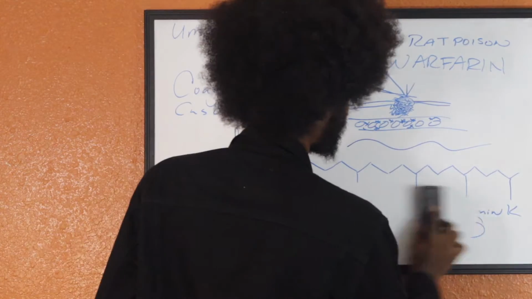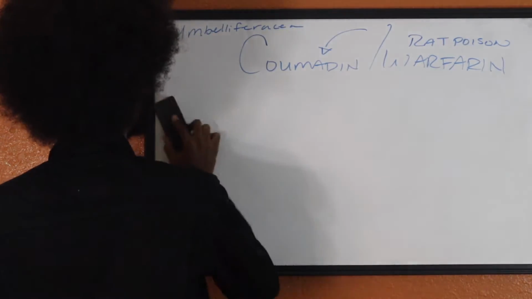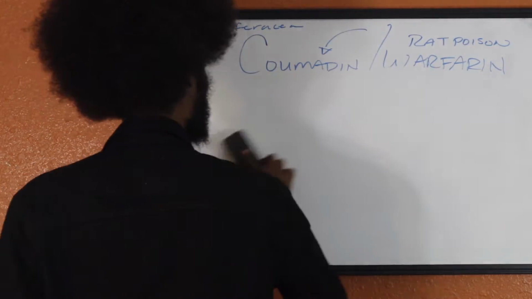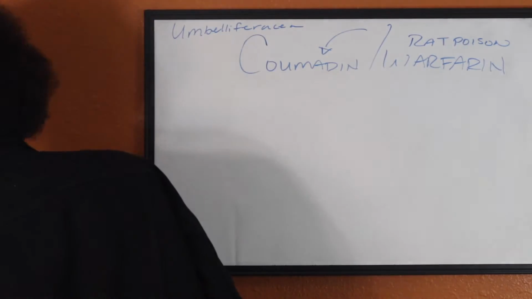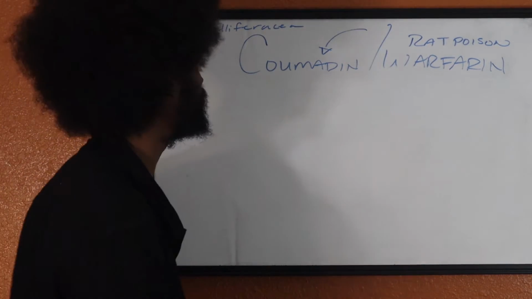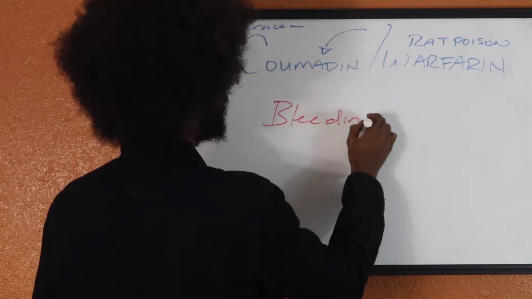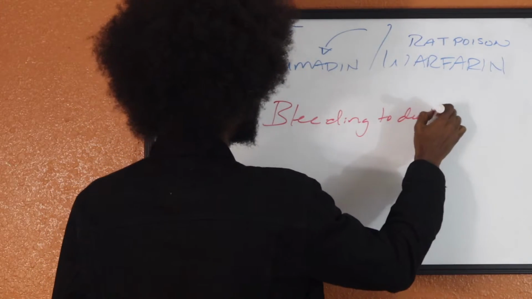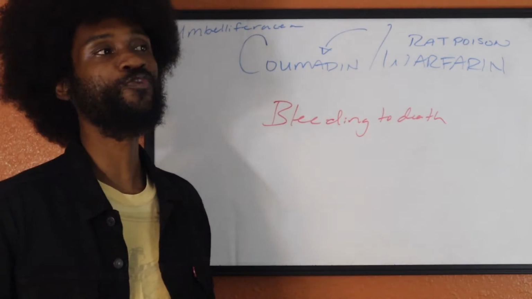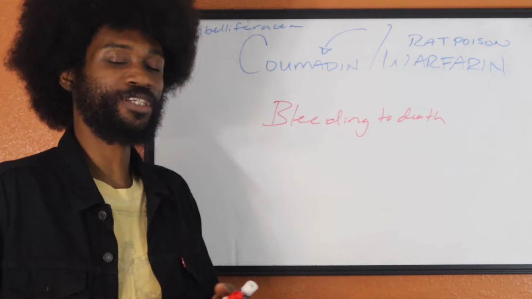So with blood thinners, what ends up happening when the blood is too thin is you start bleeding to death. Like a container you got, if you have a Rubbermaid container to store your leftover food, it works well for solid items, but you're not going to put the leftover lemonade in there because it doesn't seal properly.